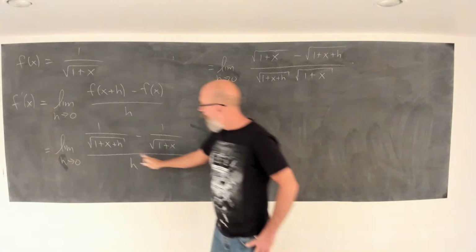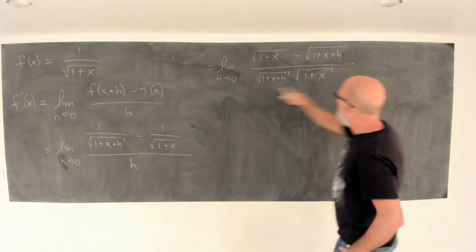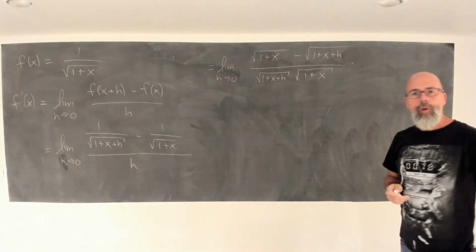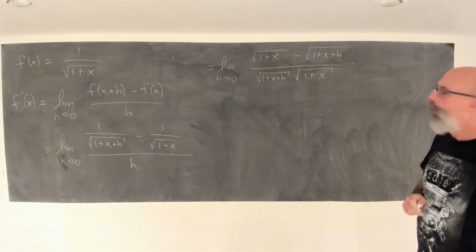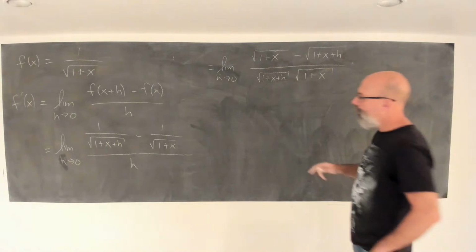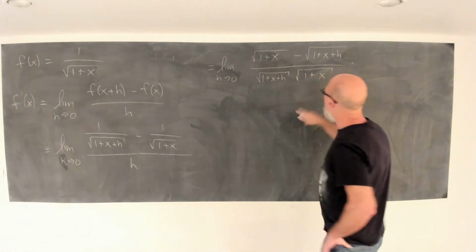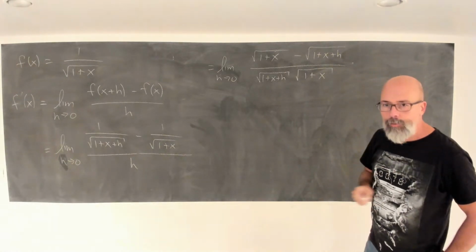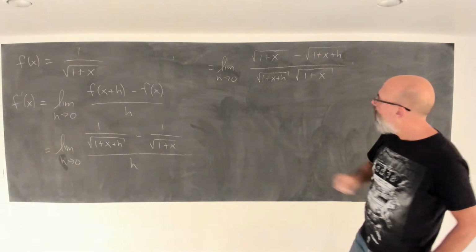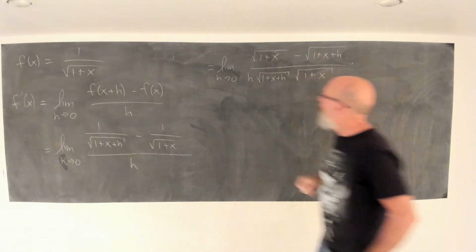And now the whole thing is divided by h, right? So in the interests of time here, you know where the h is going. If this is divided by h, goes on top or on the bottom, you know exactly where it goes. It goes on the bottom.